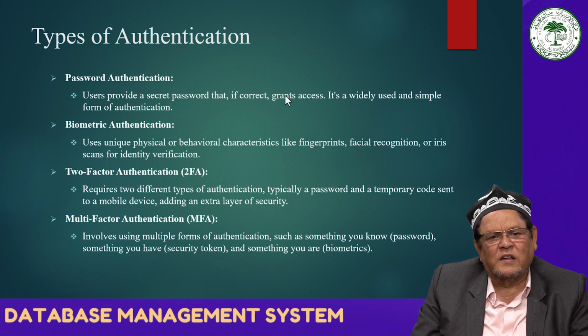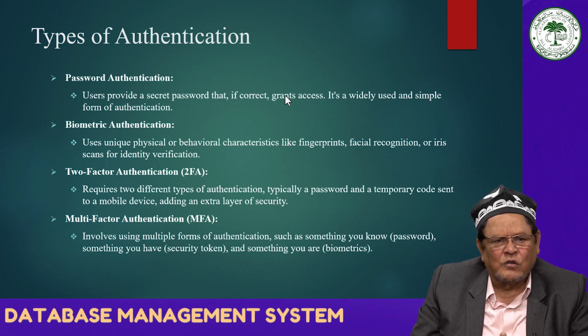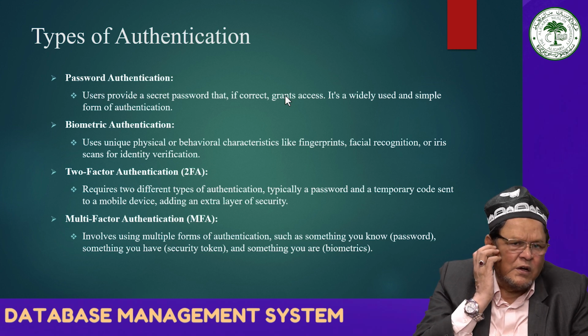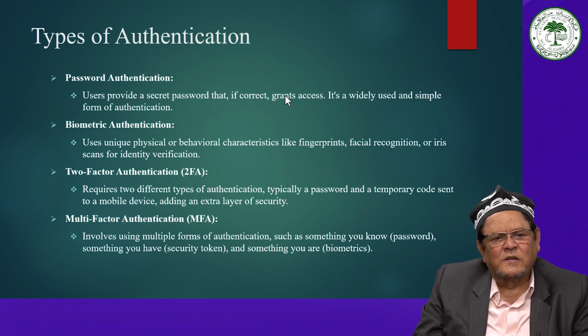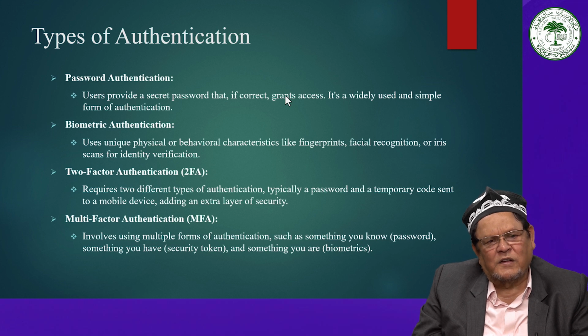If it is correct, it grants access, and it is the most widely used, simple form of authentication. This is the first form of authentication. Users have to provide a password. The password should be complex, but it should be memorized. Otherwise, next time you are not able to use the system.